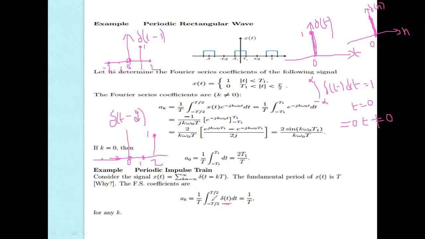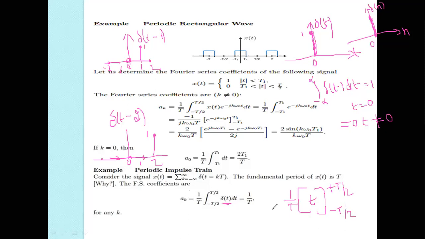In the period of minus T by 2 to T by 2, the impulse train. Using that, a of k is equal to 1 by T, the integral from minus T by 2 to T by 2 of delta of t dt. As delta of t is 1, 1 by T, 1 into dt means t here, from minus T by 2 to plus T by 2.